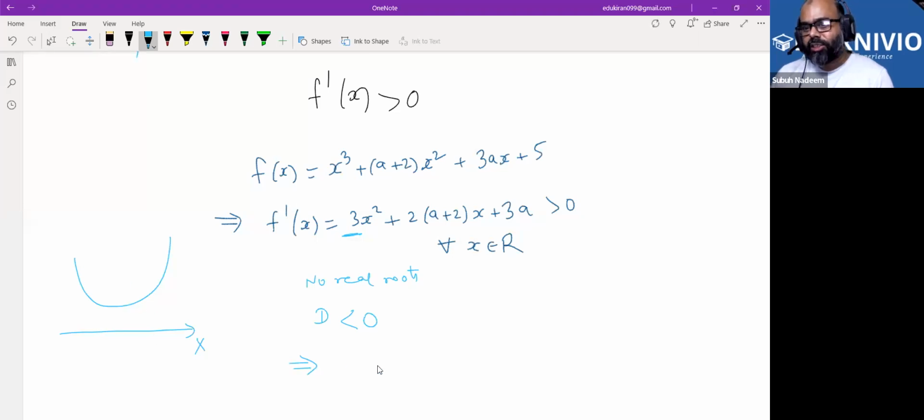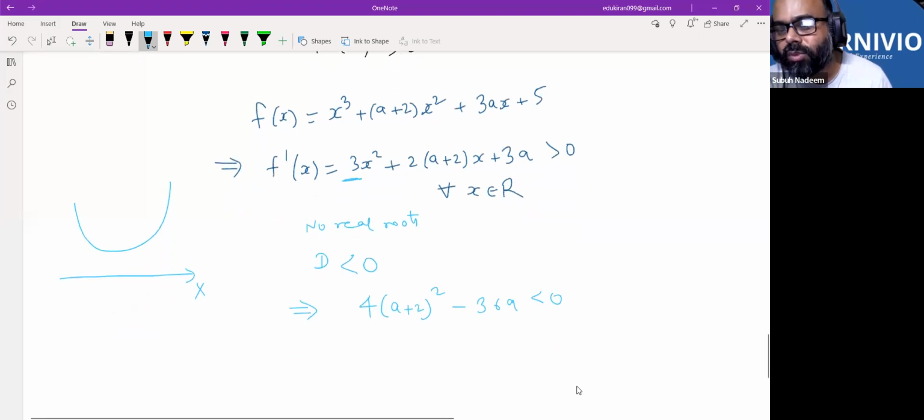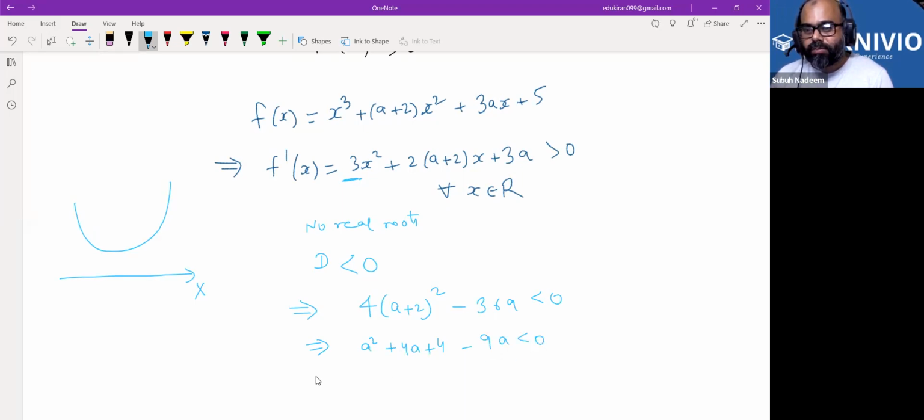Always above the x-axis. So discriminant is b square, which is 4a plus 2 whole square, minus 4ac, 36a, which is less than 0. So this will become a square plus 4a plus 4 minus 9a less than 0.